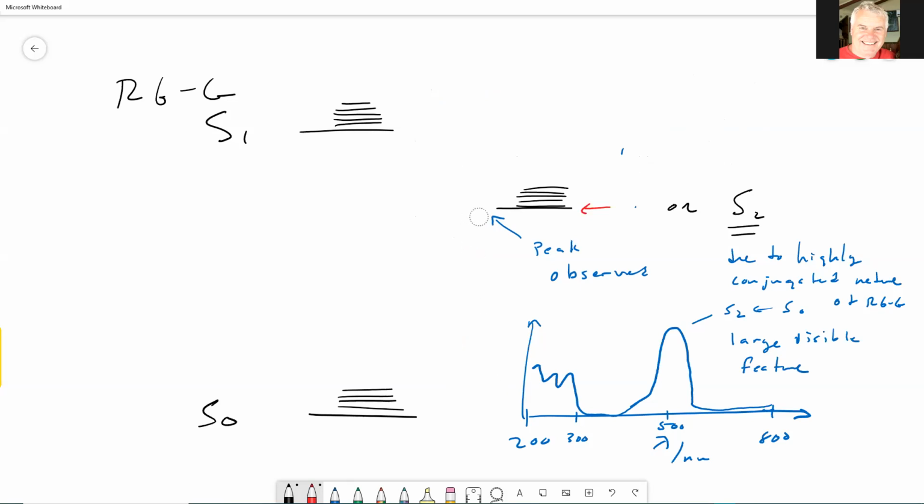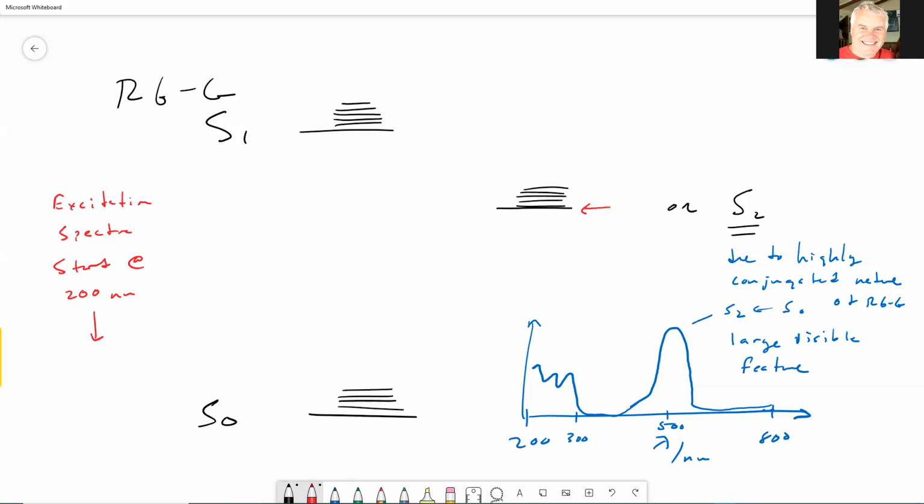So I'll erase all the absorption stuff, and let's write in some excitation, right? And let's say that we're going to do some excitation spectra, and we're going to start at 200 nanometers. Probably 220 would be more realistic.